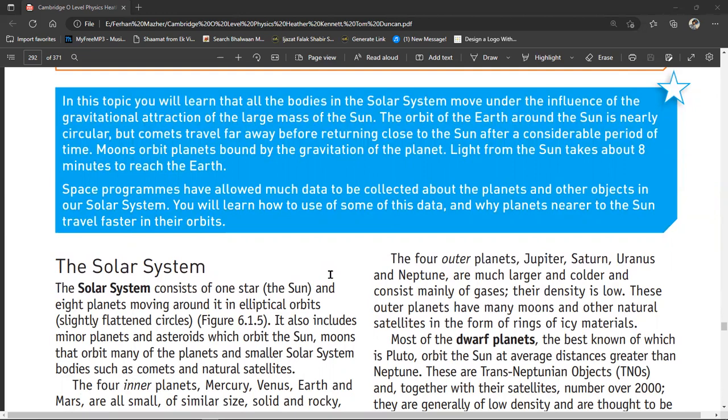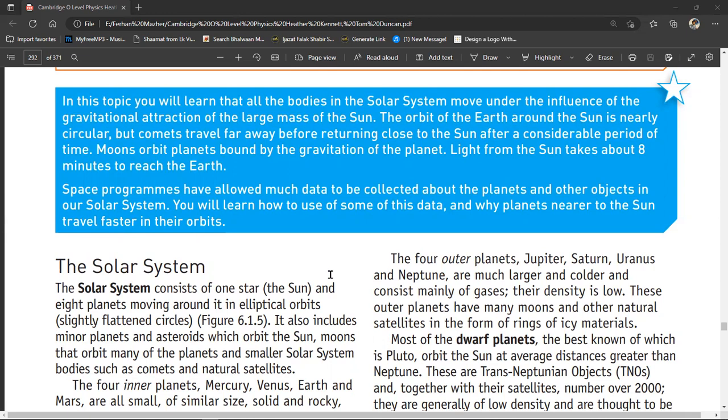The orbit of the Earth around the sun is nearly circular, but comets travel far away before returning close to the sun after a considerable period of time. Moons orbit planets, bound by the gravitation of the planet. Light from the sun takes about 8 minutes to reach the Earth.